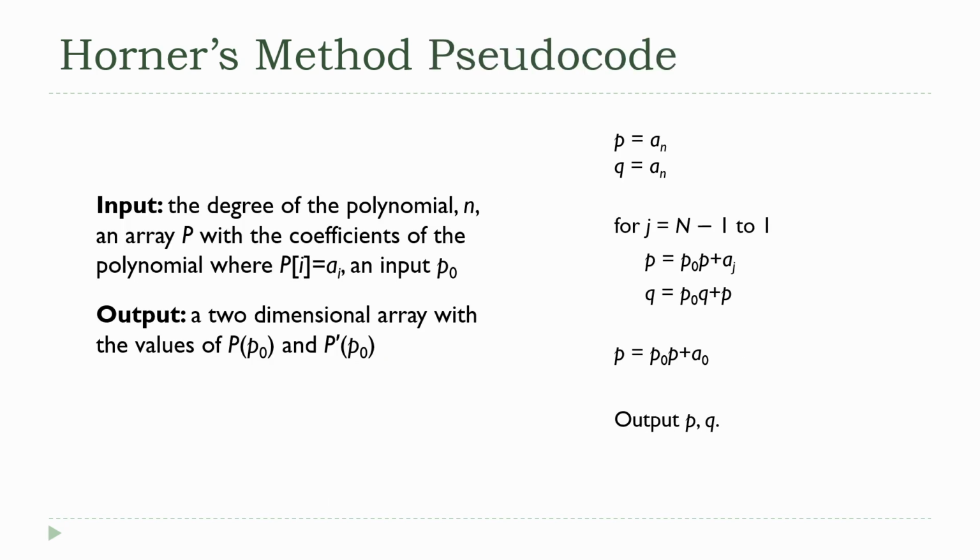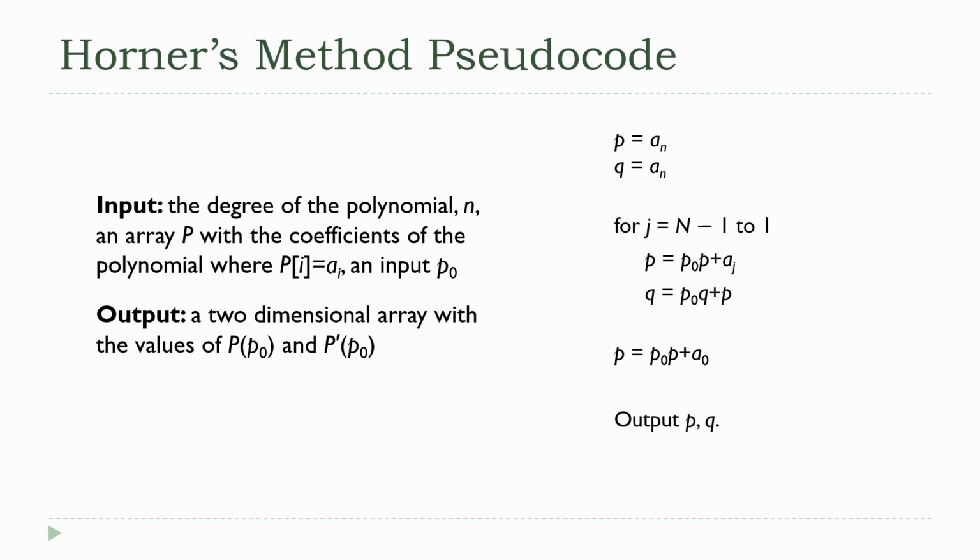I think this is one of our more straightforward algorithms. The first two lines are the initial assignments when we process the very first column in the previous example. Then we get into the loop, and really the most interesting part here is just the loop bounds. J is going to go from n minus 1, that's the second column, to 1, which is not the last column. Remember, the last column is a sub 0.